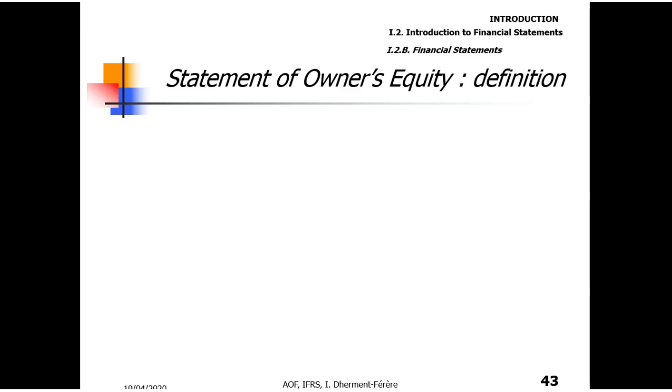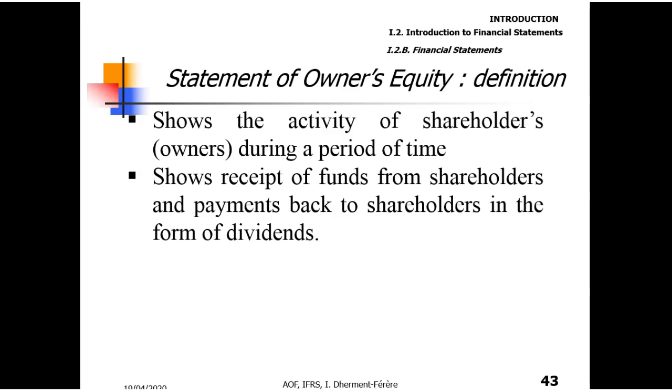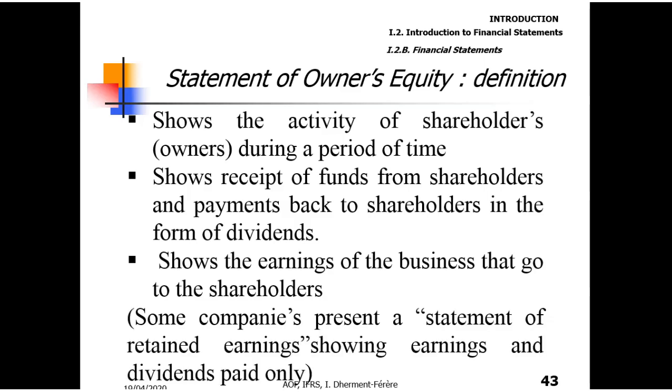Statement of owner's equity definition. It shows the activity of shareholders, owners, during a period of time. It shows receipt of funds from shareholders and payments back to shareholders in the form of dividends. It shows the earnings of the business that go to the shareholders.